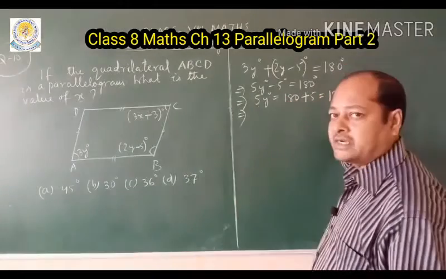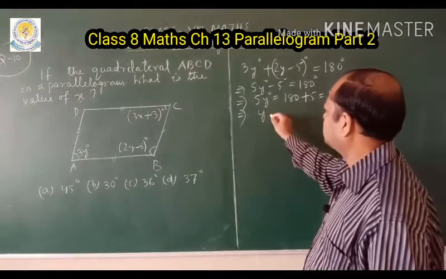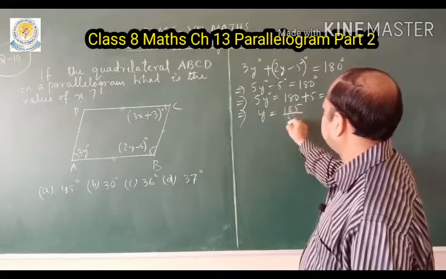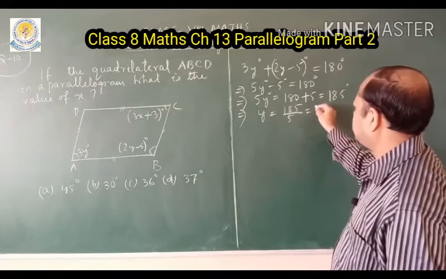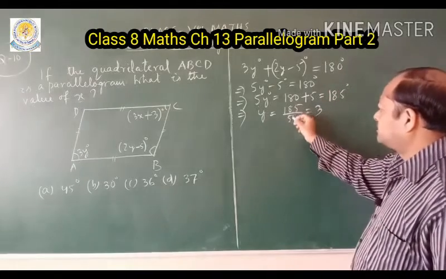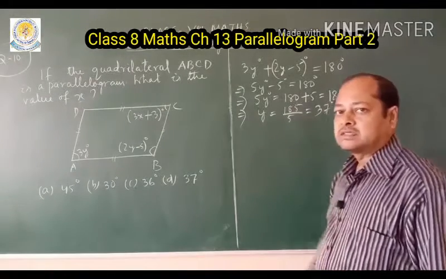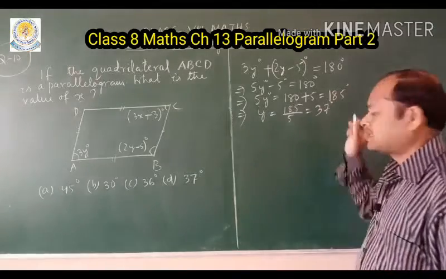And what is y? y equals 185 divided by 5, that is 37. So we have got the value of y as 37 degree.